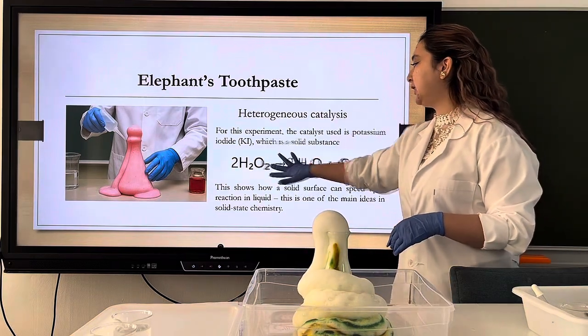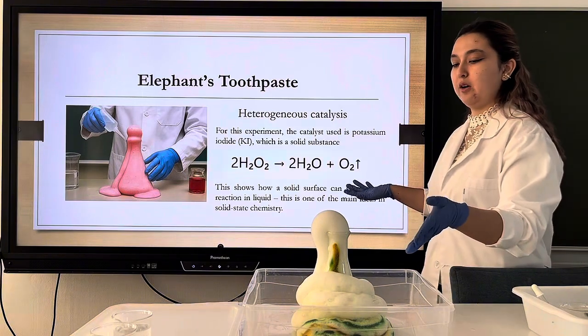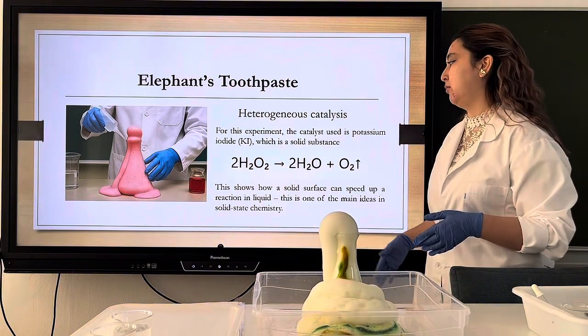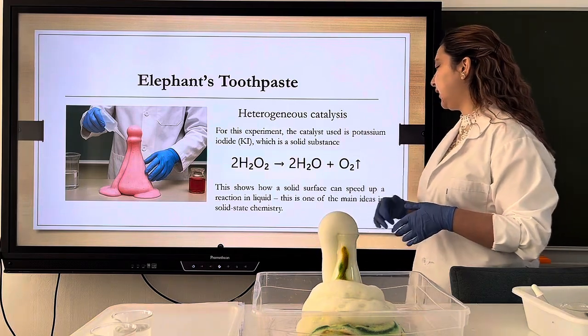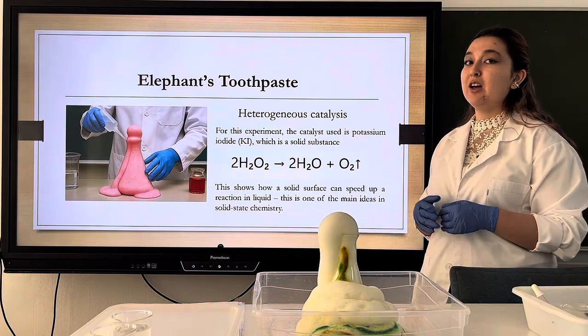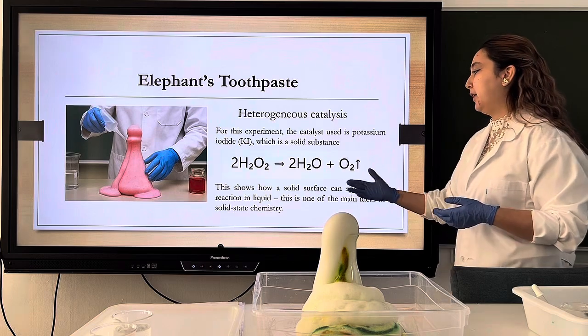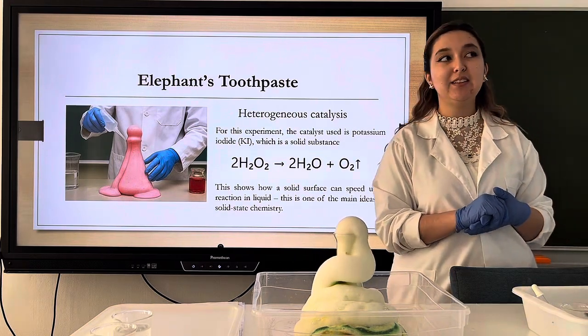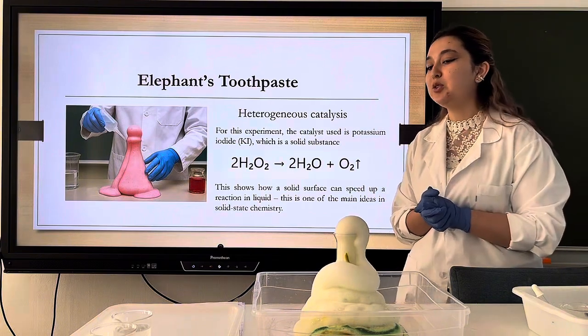So here we can see the reaction of the experiment. This shows how a salt surface can speed up a reaction in liquids. This is one of the main ideas in solid state chemistry and surface chemistry too.